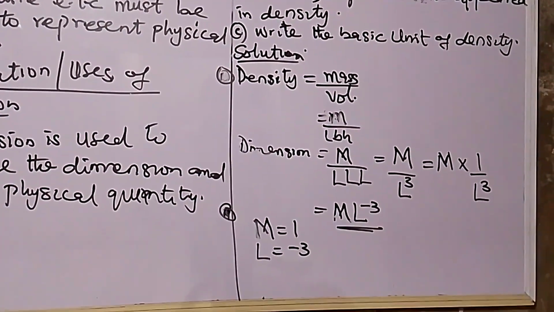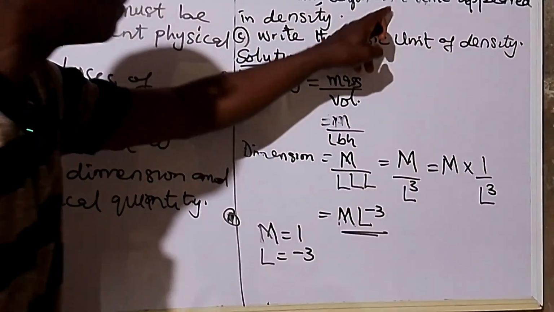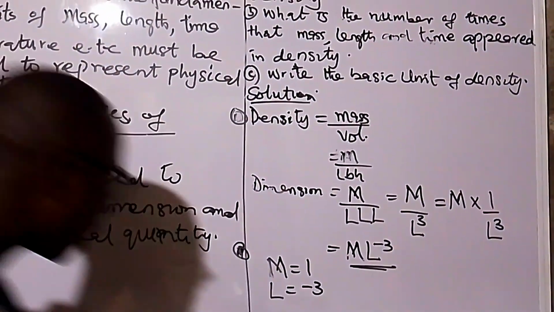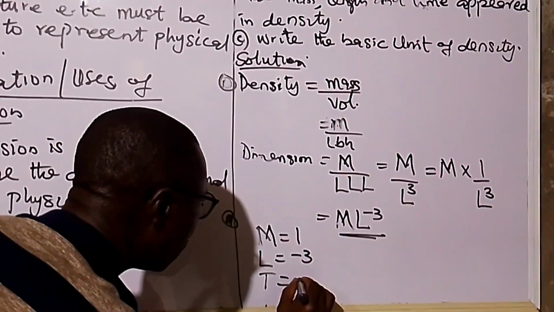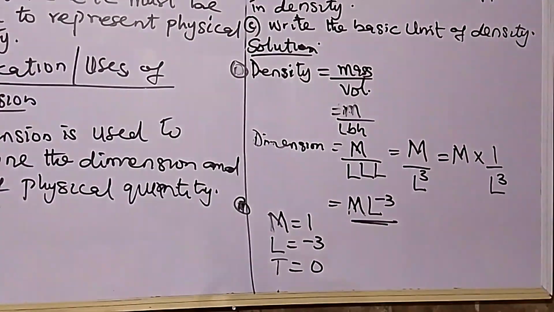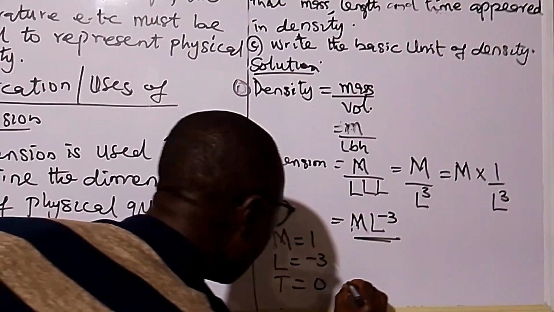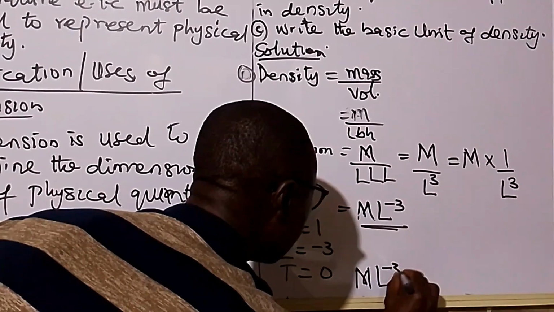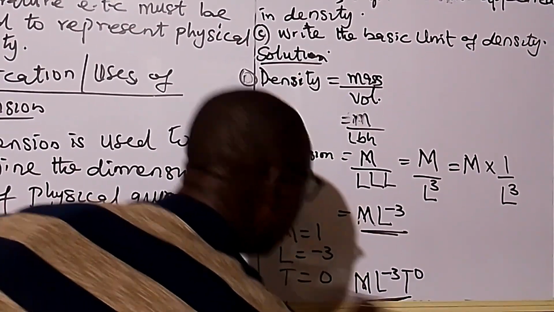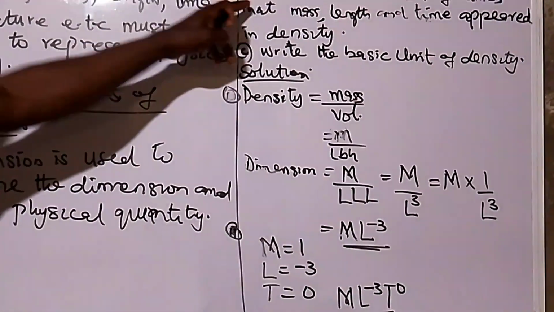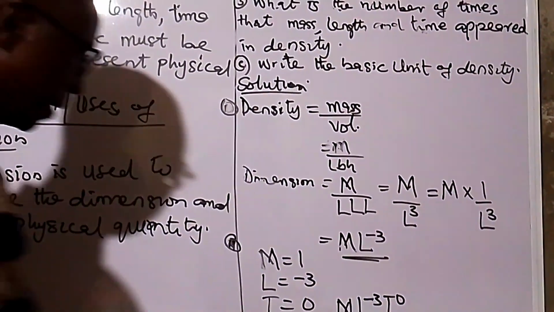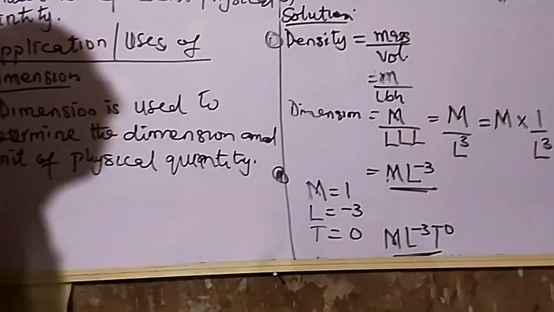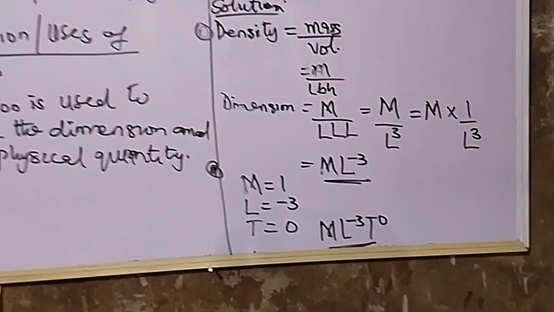Time does not appear in density, so for time it will be equal to 0. So to rewrite this, it will be M L raised to power minus 3 T raised to power 0. That is the answer to question B, the power to which mass, length, and time appear.